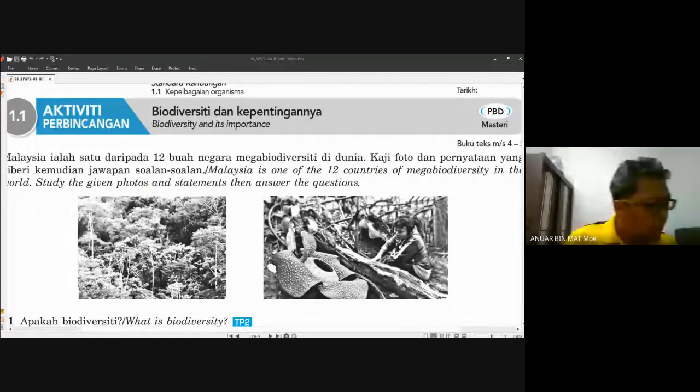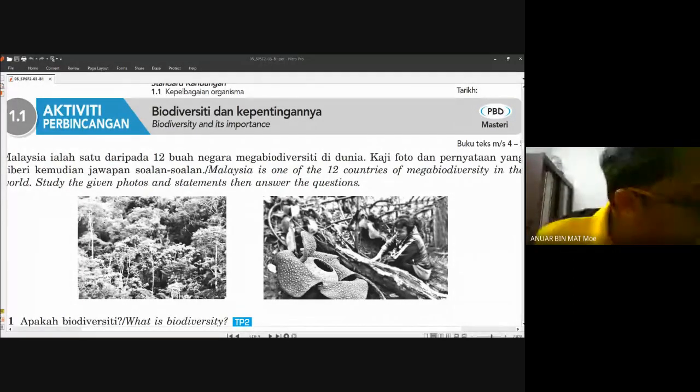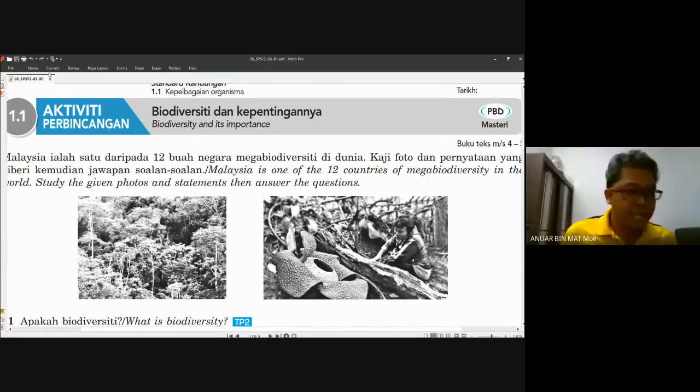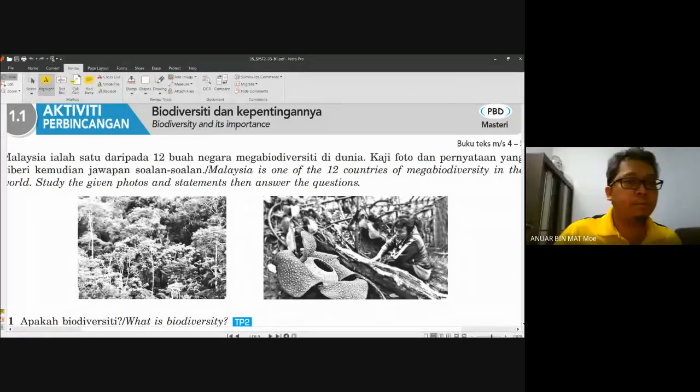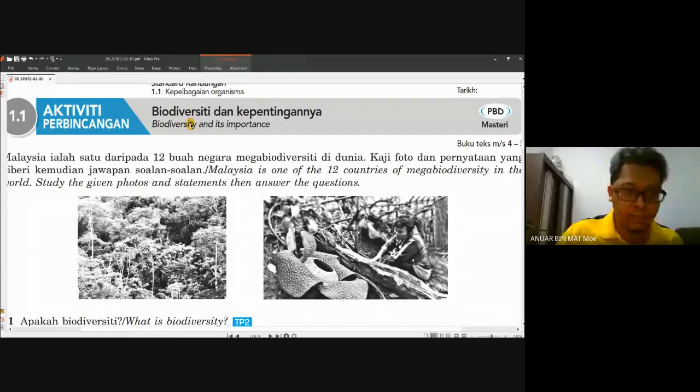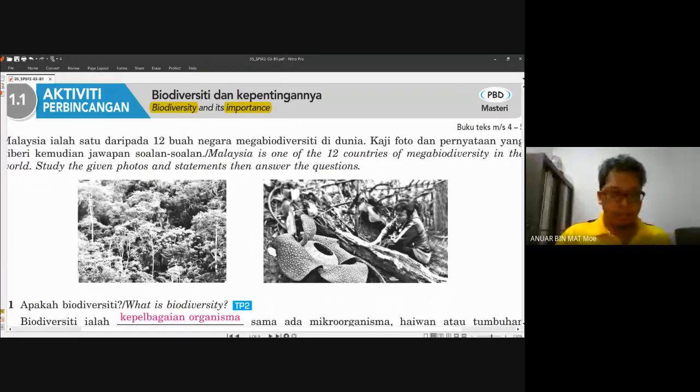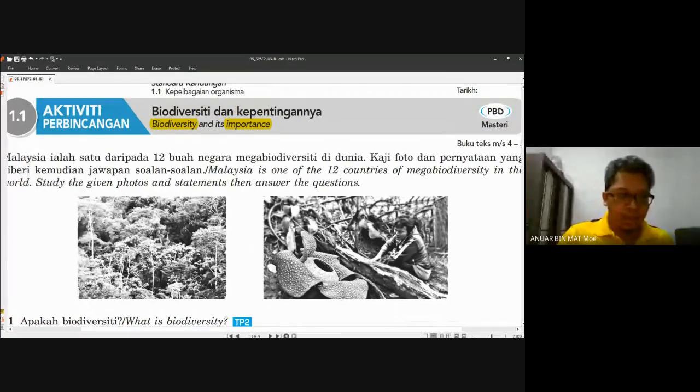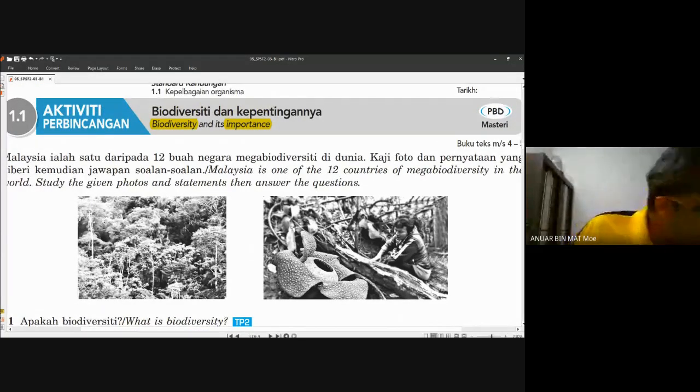Activity 1.1, biodiversity and its importance. Question number 1, what is biodiversity? You can do the self-check also.